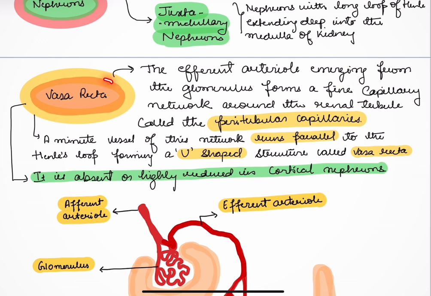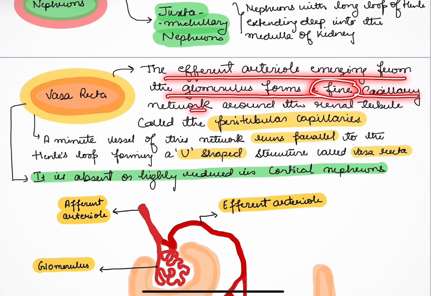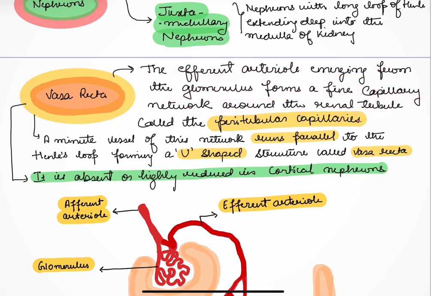So now there is a specialized structure known as the vasa recta. Remember, the efferent arteriole emerging from the glomerulus forms a very fine capillary network around the renal tubule. And this network around the renal tubule is known as the peritubular capillaries.